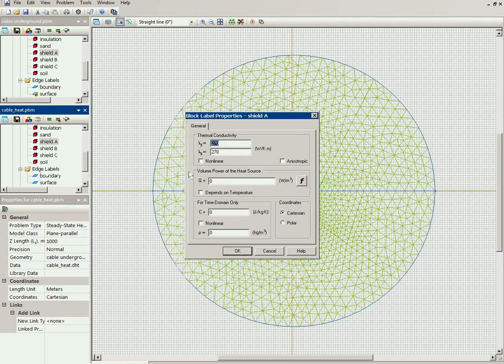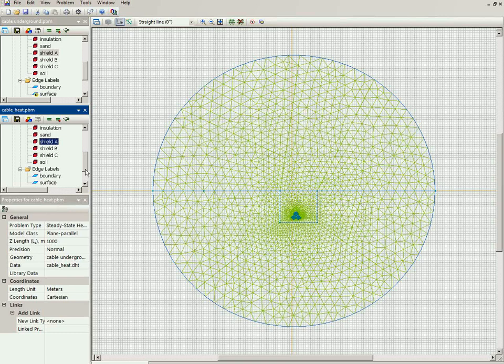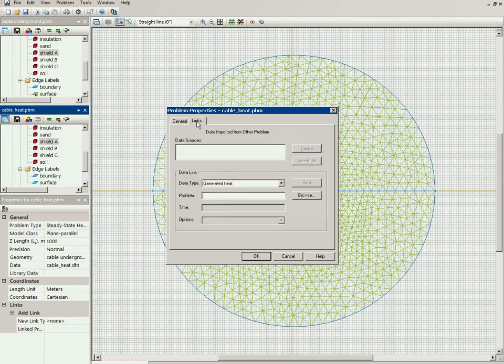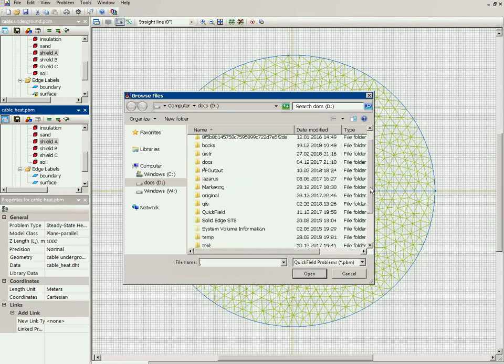We have specified thermal conductivities for each material, but we have not yet specified the heat sources. As I said, this would be the coupled problems. The heat transfer problem will take the results, the Joule heat, from the AC magnetic problem. So in the heat transfer problem, I open the problem properties, I follow to the links, select the data type, generated heat, and choose the problem.